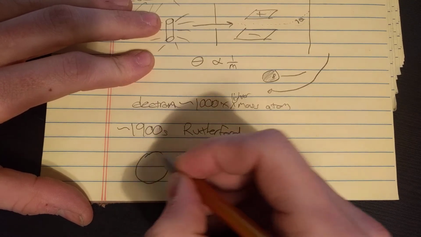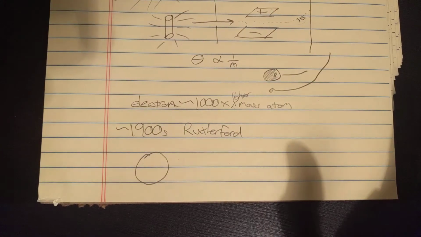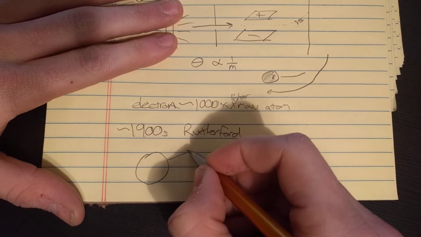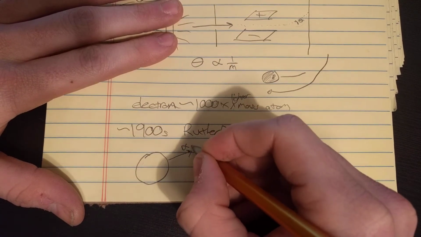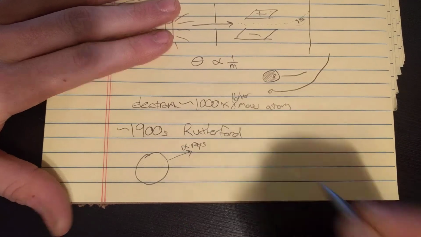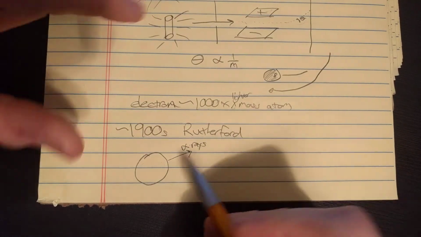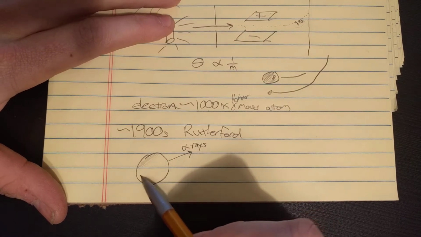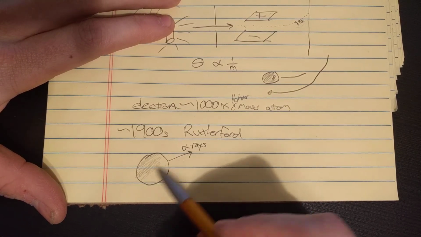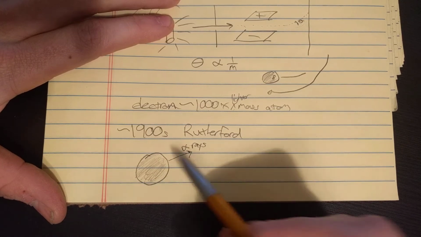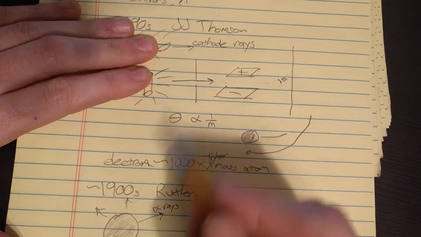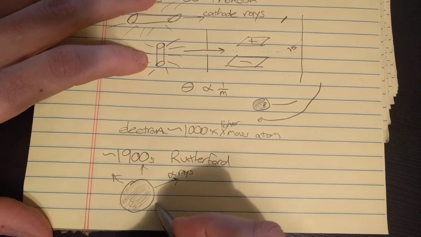You could have a big ball of this stuff that emits alpha rays in every direction, just like the lamp above emitted cathode rays in every direction.